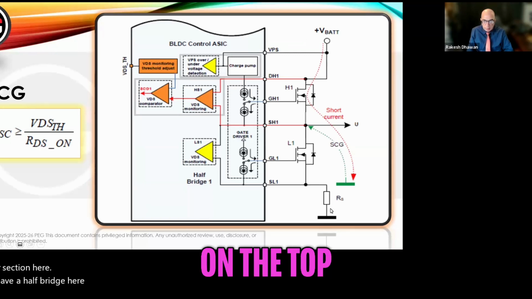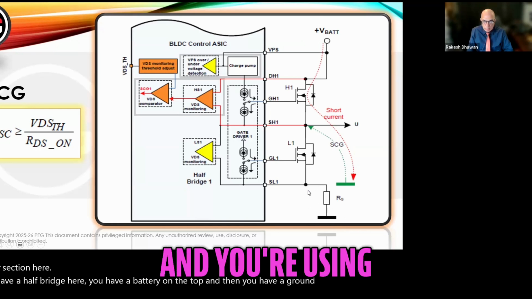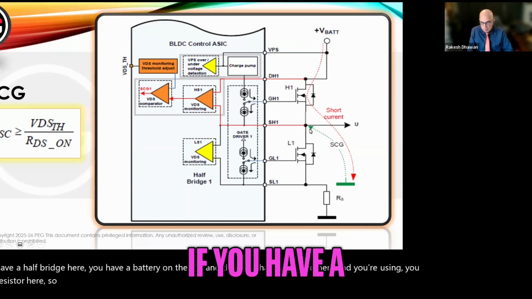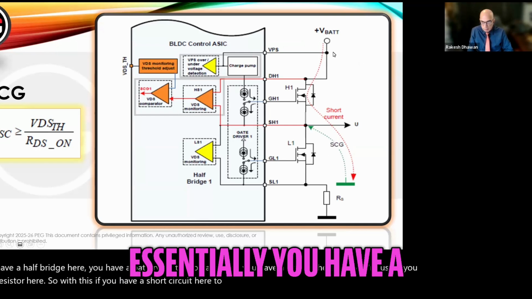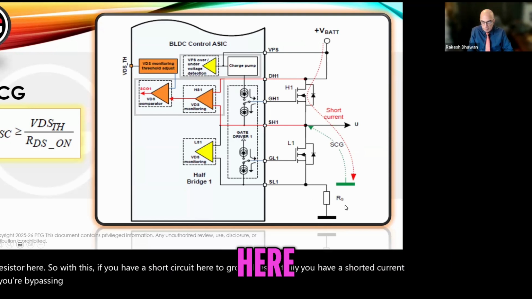You have a battery on the top, and then you have a ground here, and you have a sense resistor here. So if you have a short circuit here to ground, essentially you have a shorted current flowing, and you're bypassing this resistor here.